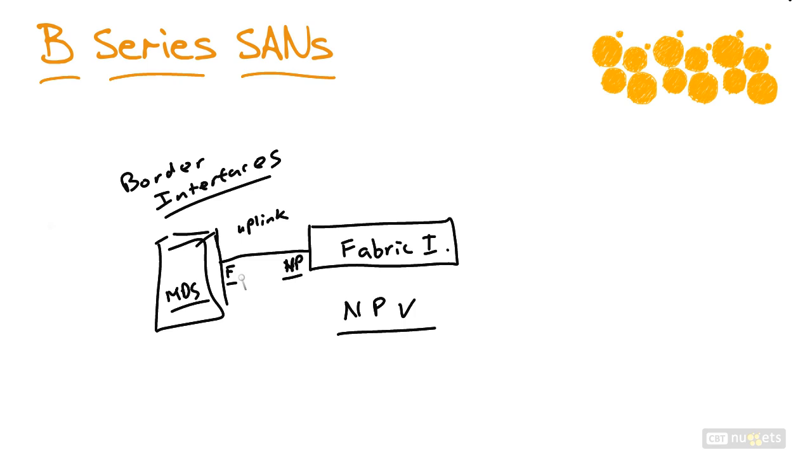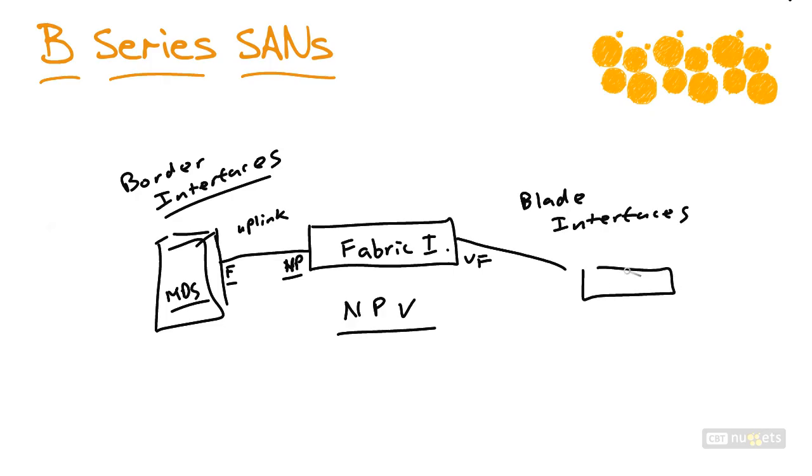Now, what about our blade interface connectivity when we head down to the chassis? Well, sure enough, we call these blade interfaces in the SAN terminology for our infrastructure. We have virtual fabric ports on the Fabric Interconnect side, and this would connect to, here's our B series, right? It eventually connects to a virtual node port or VN port on the B series side.